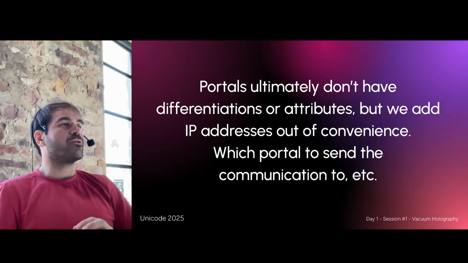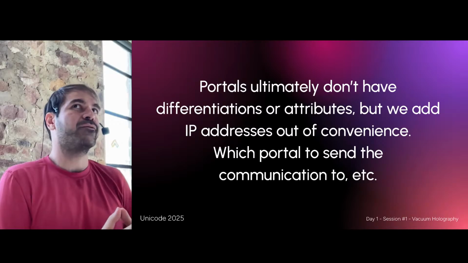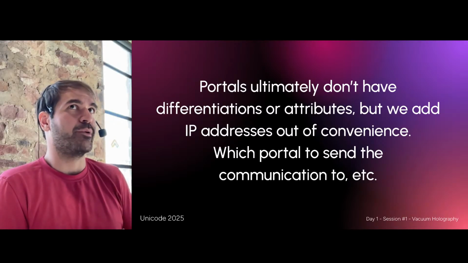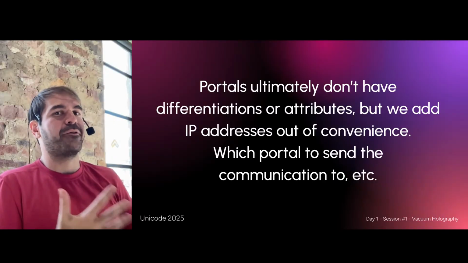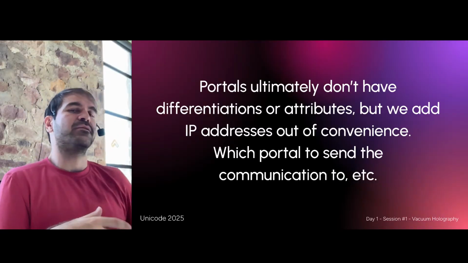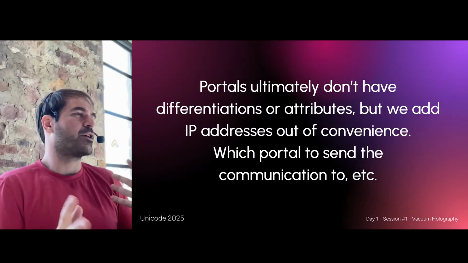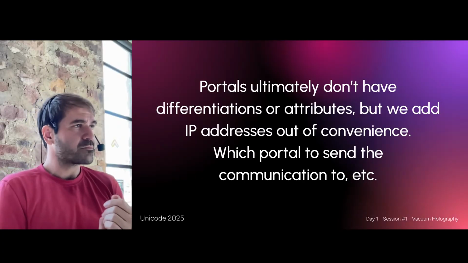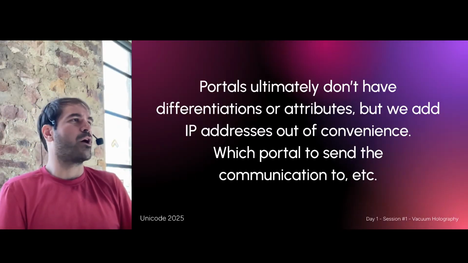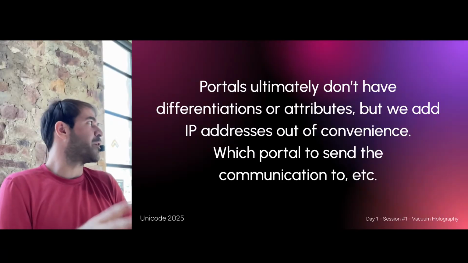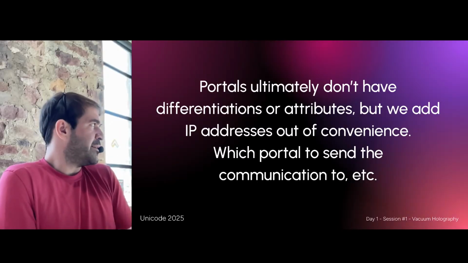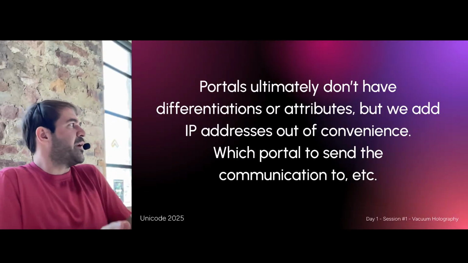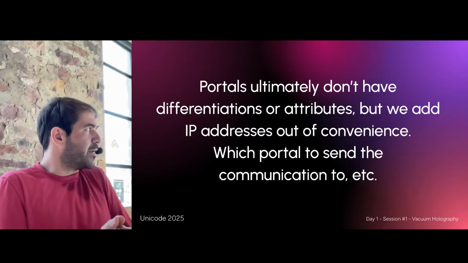So portals ultimately don't have differentiations or attributes, but we add IP addresses out of convenience, which is all about which portal to send the communication to. There's a whole field of relational quantum mechanics and interpretation of quantum mechanics that we'll get to later, in which there are really no indexicals. There's no real thing called a name, right?